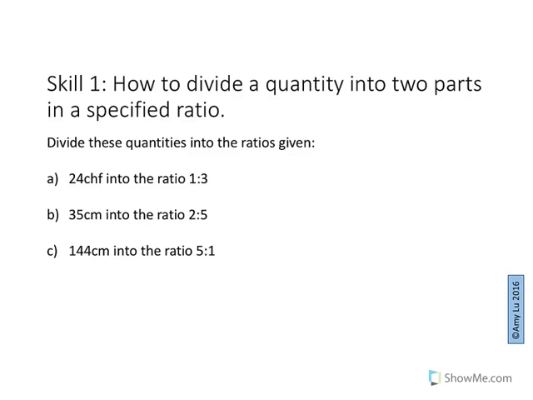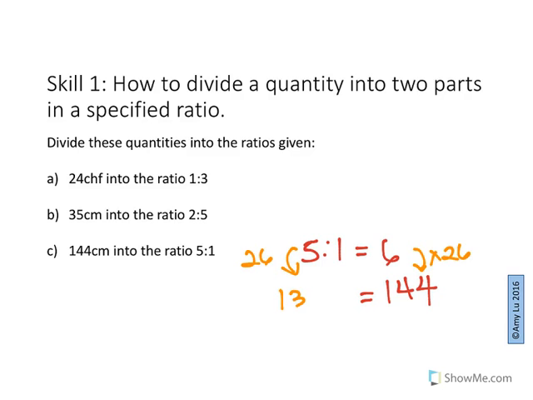In C, you have the ratio of 5 to 1. And that makes a total of 6 parts because 5 plus 1 makes 6. In reality, we have 144 centimeters that we have to divide up. So 6 times what makes 144? 6 times 26. So we have to multiply this side by 26. So 5 times 26 makes 130, and 1 times 26 makes 26.